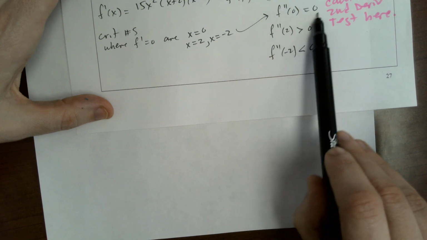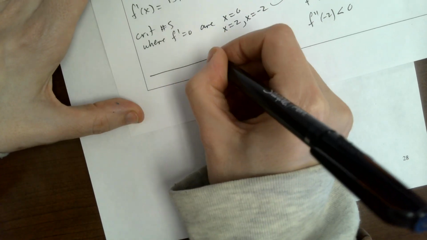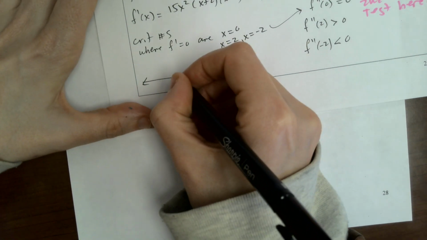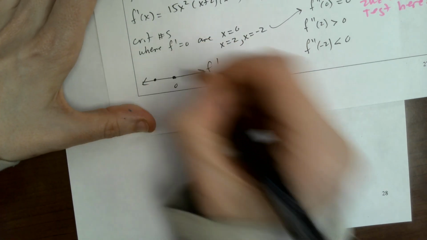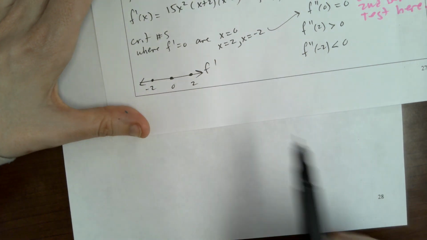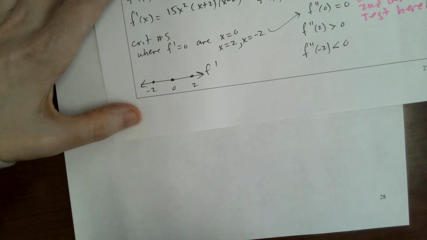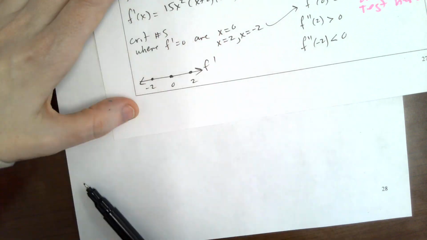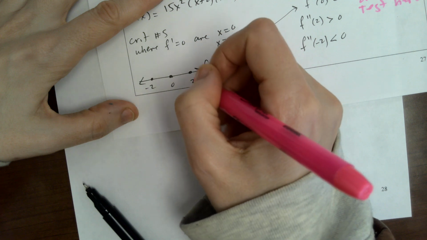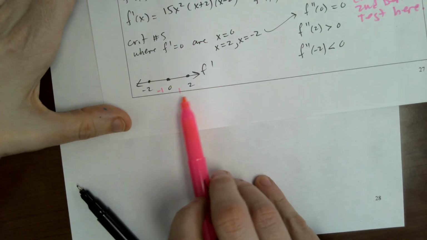Now let's see what's happening at 0. So for this, I have to go back over here to an f prime number line. Now, even though I'm not doing a sign test at -2 and 2 on this number line, I still want to put them there because when I take my testing values, I don't want to choose ones that go beyond -2 and 2. That would mess everything up. Okay, so I'm choosing -1 and 1.